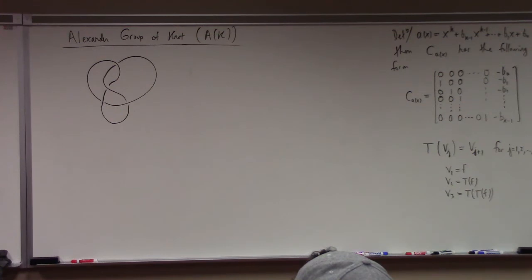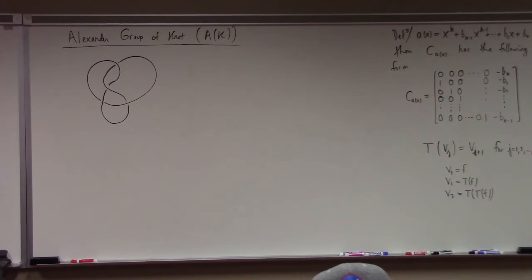If the Alexander groups of a given pair of knots are not isomorphic, so the Alexander group for one is not isomorphic to the Alexander group of another, that means that the knots are inequivalent, that you can't morph one into the other. Now, it's not a one-to-one thing.